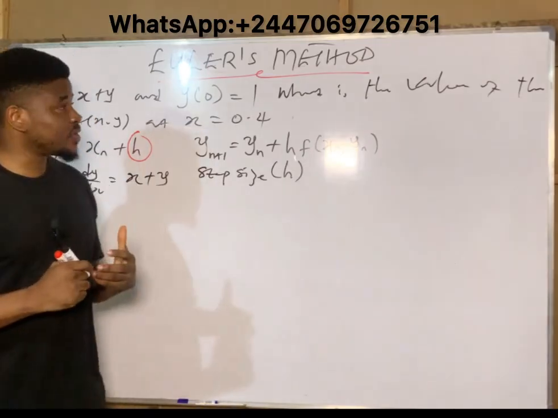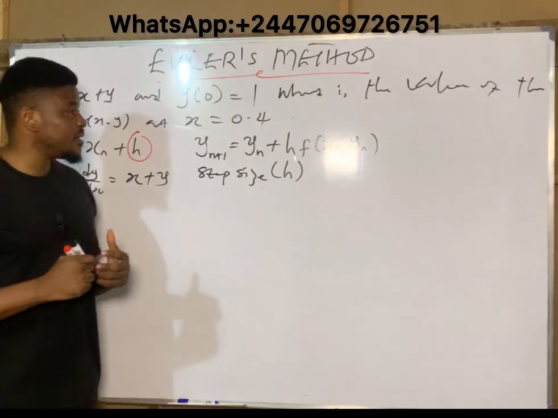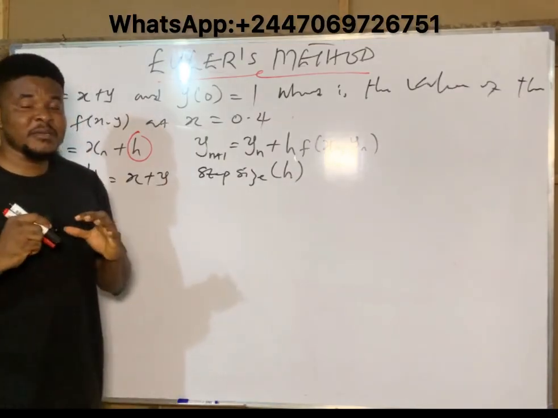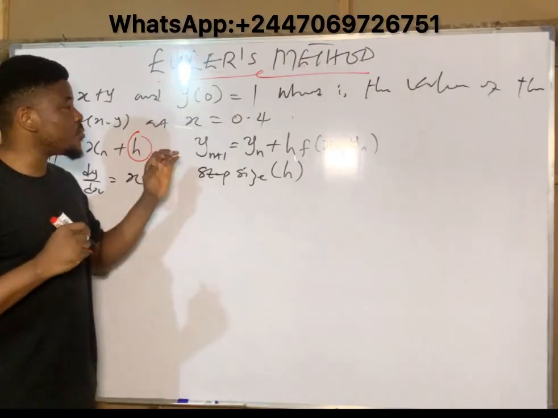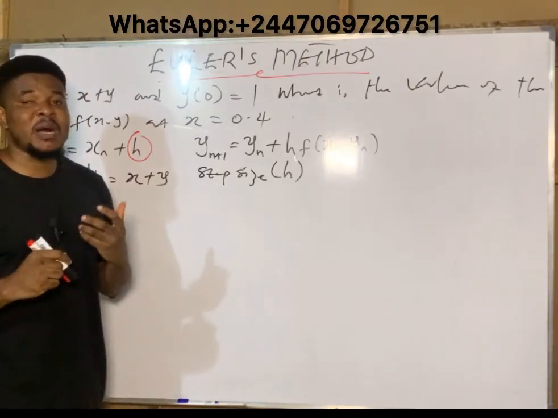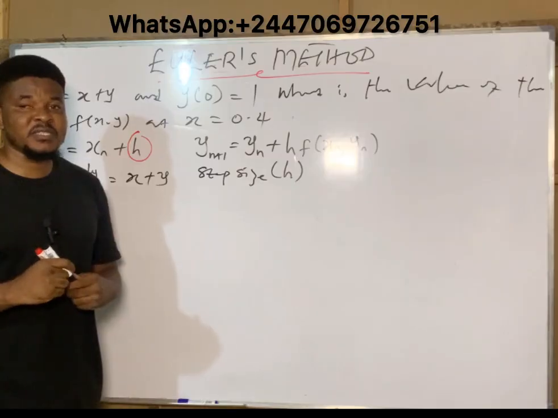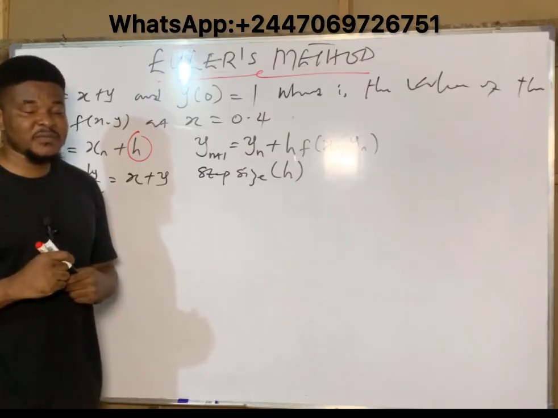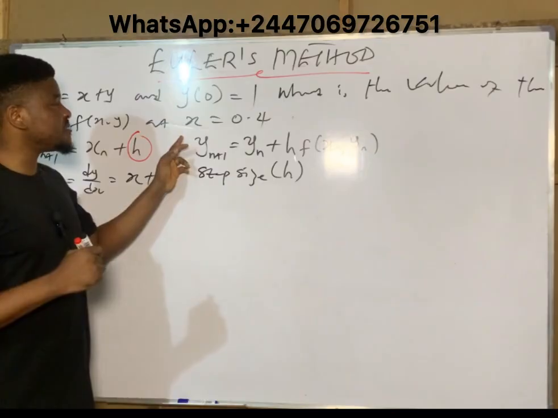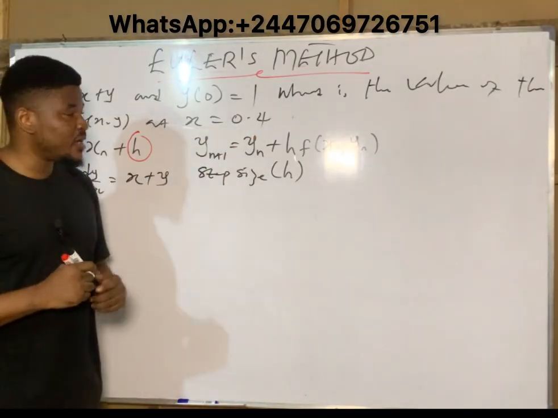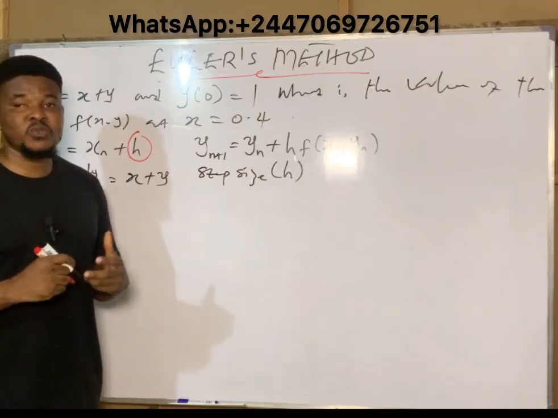So in this given question, we've not been given a step size, but when selecting a step size, also keep in mind the value to which you're approximating. Look at the value to which you're approximating and make your decision for the step size. Since the value to which I'm approximating is a decimal, 0.4, my step size is also going to be a decimal.